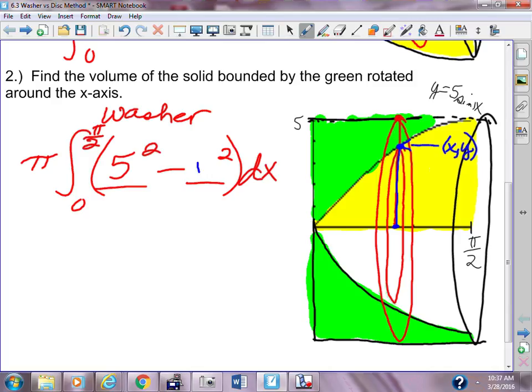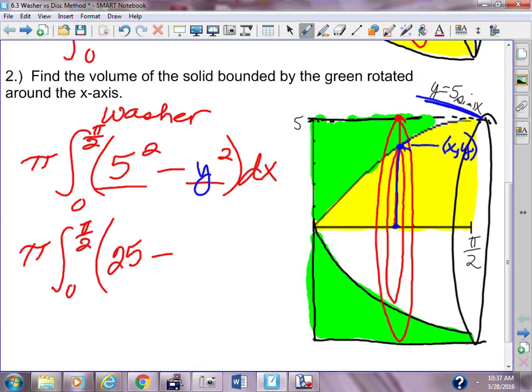Right, so then that is going to be y for its radius. And last thing I want to do is, instead of y squared, go back and plug in what y is equal to. So we'll clean this up. Keep the pi out in front. 0 to pi over 2. You can either leave that 5 squared or go ahead and clean that up to 25. And instead of y squared, what are we going to put?